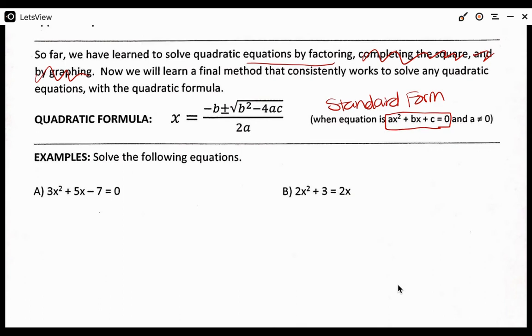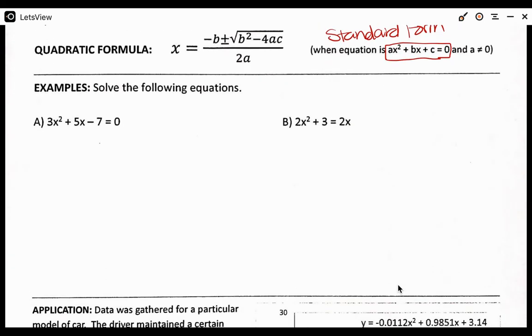So in our first example, I'm going to keep the quadratic formula right at the top of the screen so we can look at it. But here is our ax squared plus bx plus c equals 0. It's in standard form, so that's easy. Our a is 3.